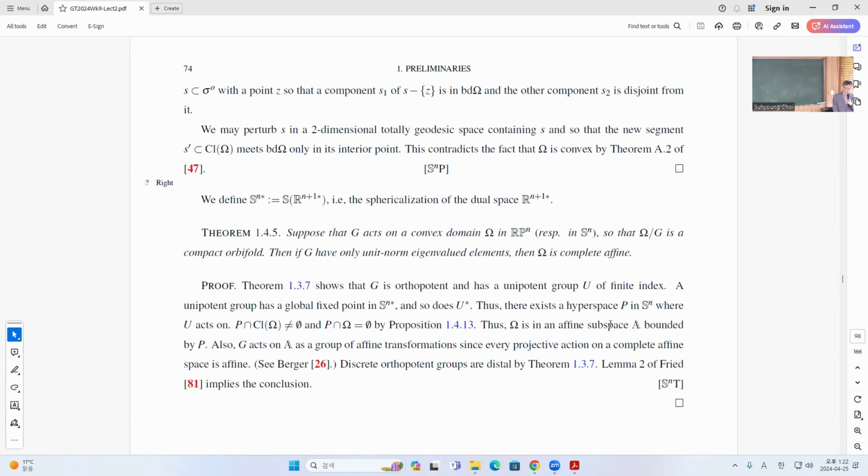So actually omega is in affine space. So Gamma acting on A is a group of affine transformations because it fixes P. Okay, so that means it acts as an affine transformation here. The discrete affine unipotent group is distal by the theorem of this one, and then by lemma 2, it's so some free, show that this case is complete. Okay, so I should write here affine maybe later, I guess.